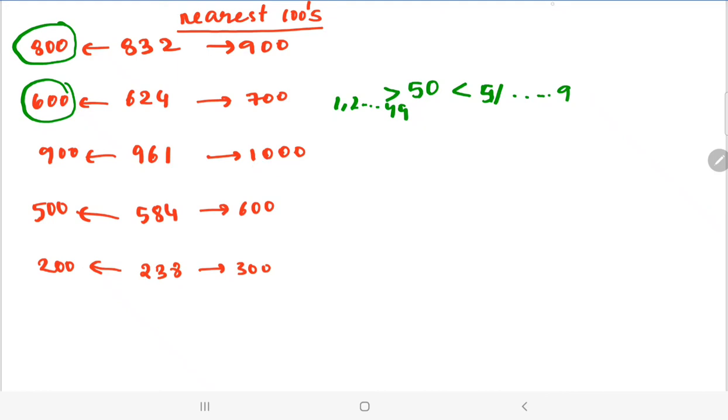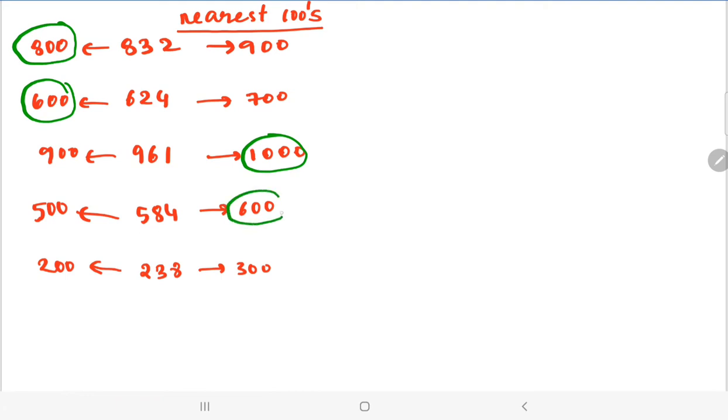Remember, this is a very important point that you need to understand. So the next, rounding the next number 961 to its nearest hundreds value is 1000. 584 is 600. 238 is nearest to 200.